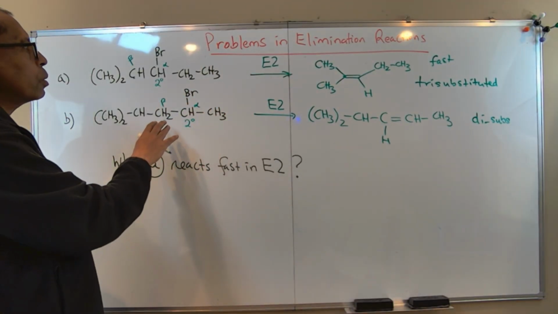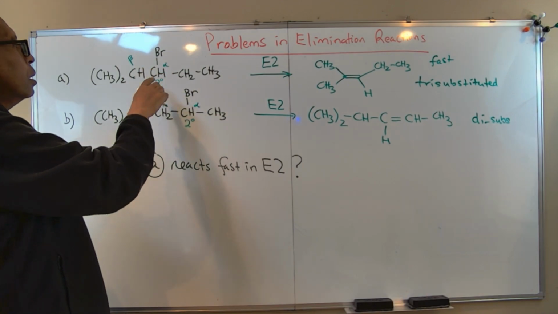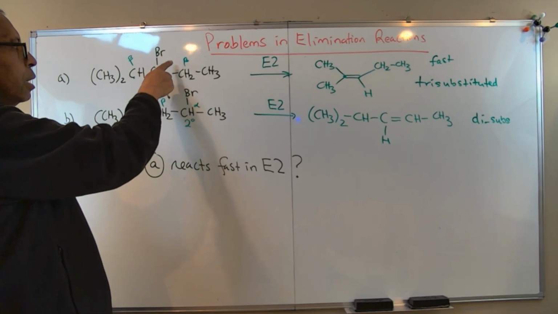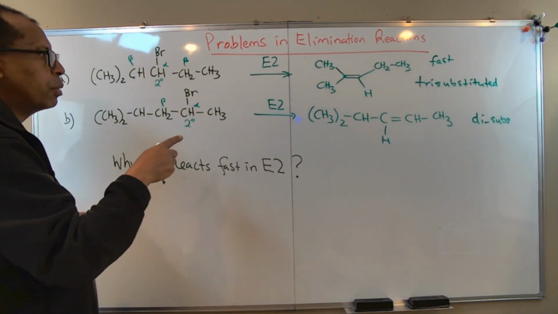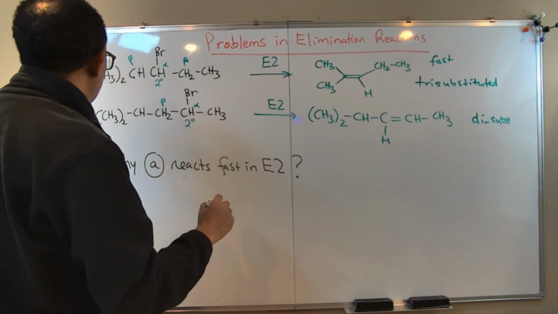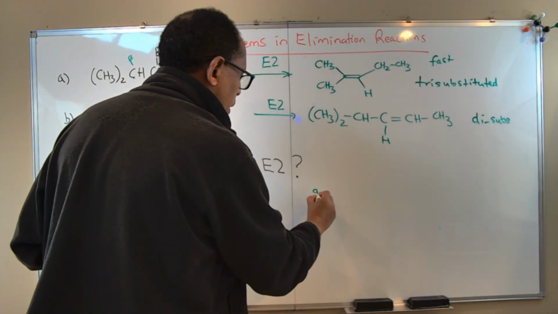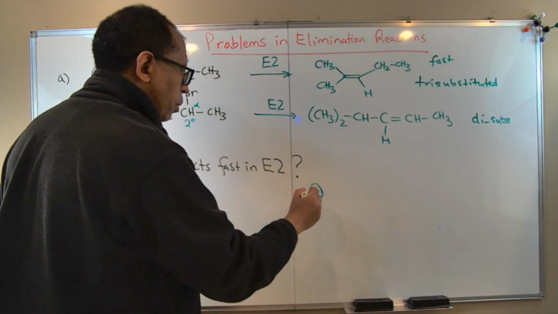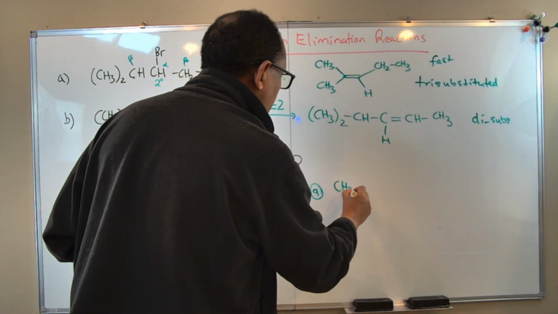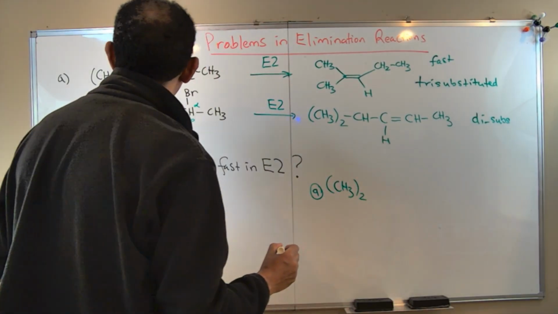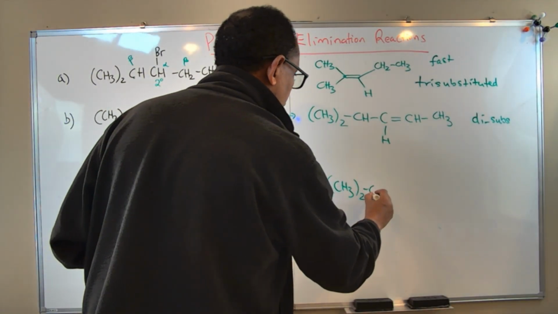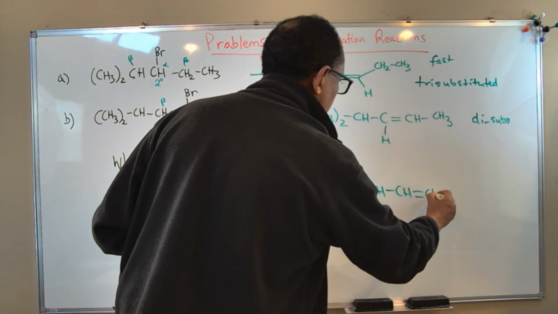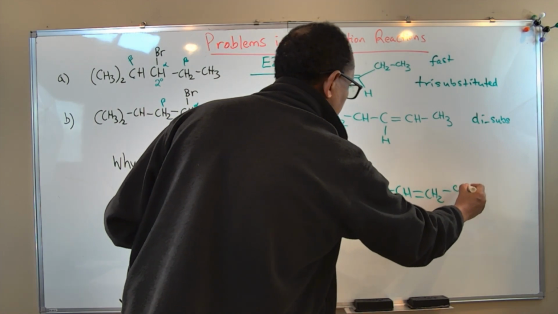If we were also to see a loss from this other beta carbon, the product you would get, still for A, is CH3, 2, CH, CH, CH2, CH3.